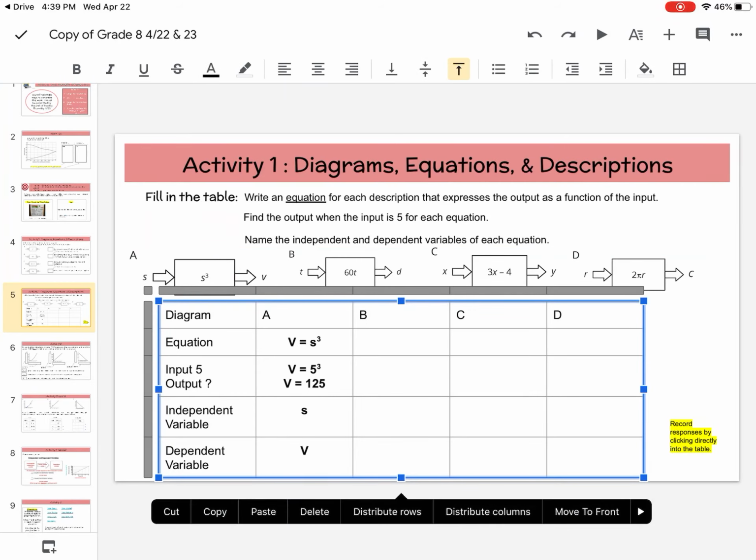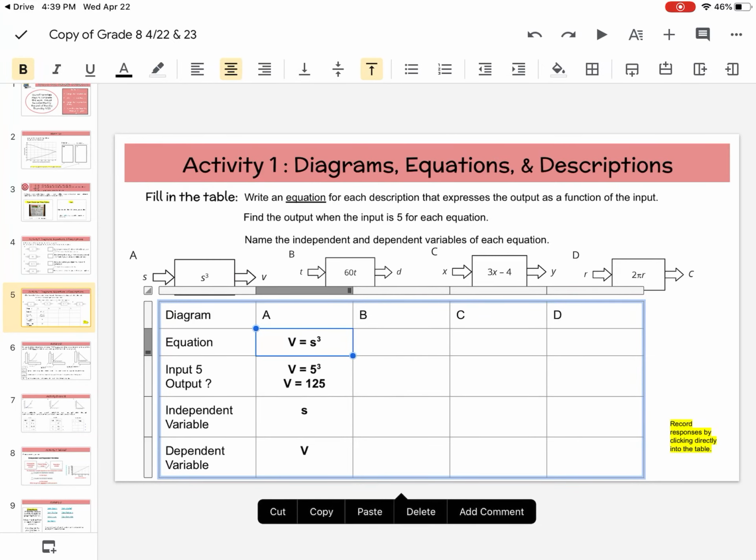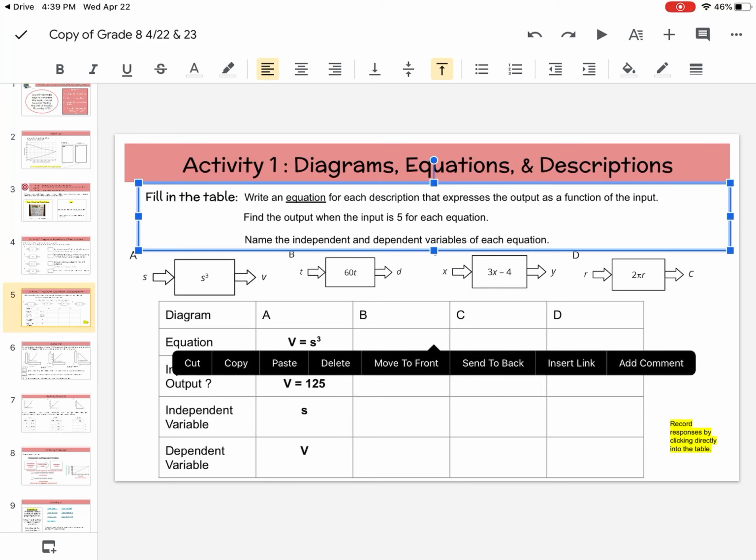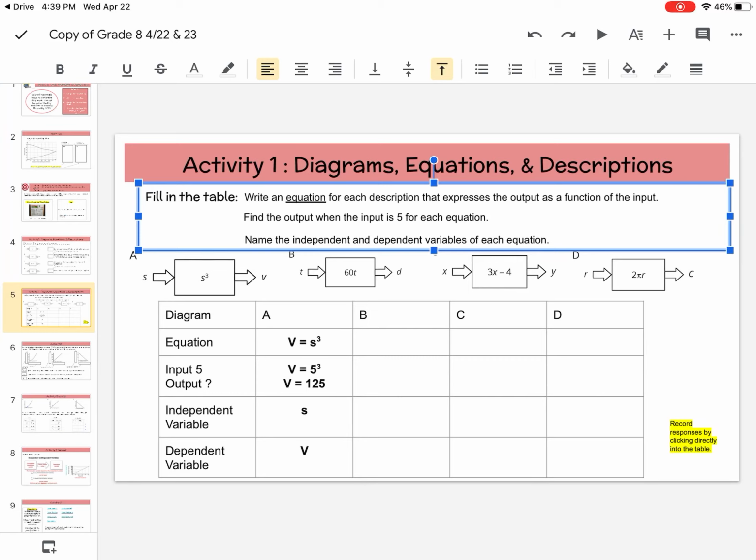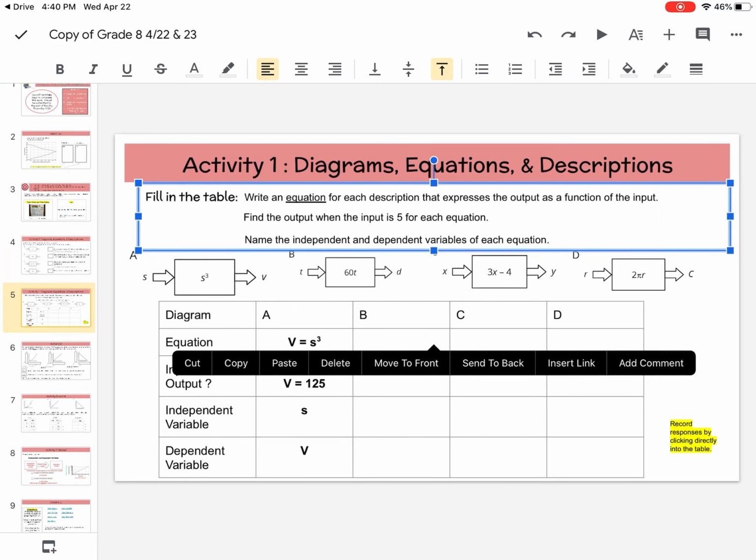If we look at this first example, it says V is equal to 3 to the S to the 3rd power. If I look at my A, oh look, I'm using that V first. That means the letter on the right side of my description box is going to be equal to the equation inside the box. So you're saying V is equal to S to the 3rd.